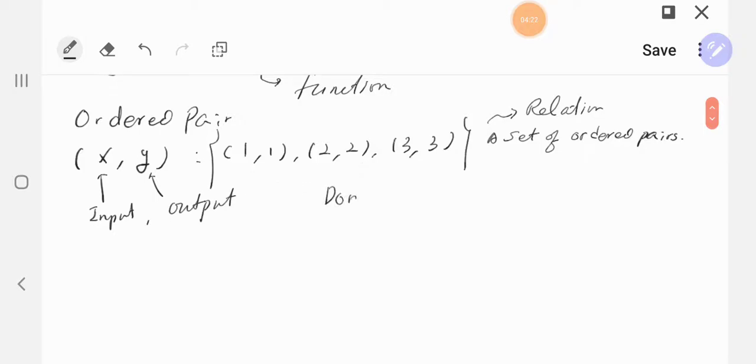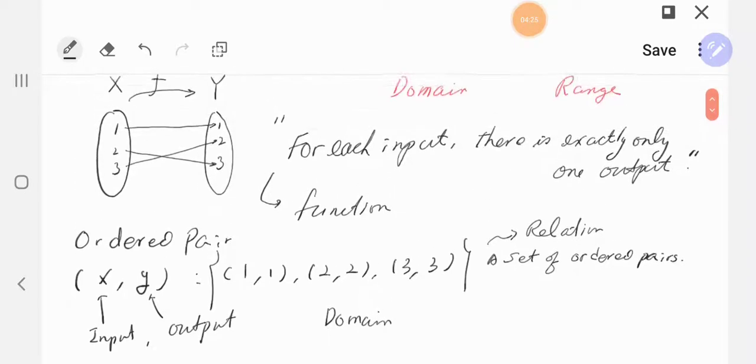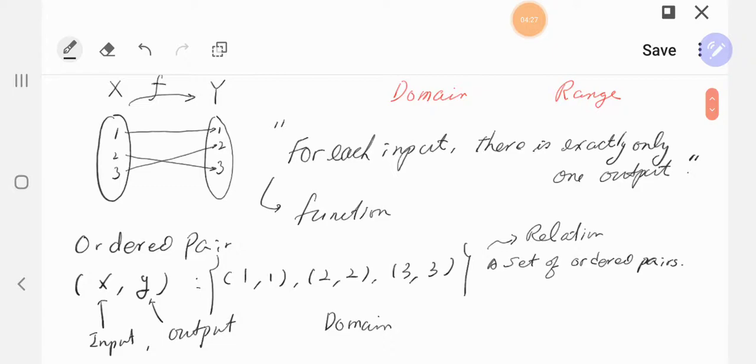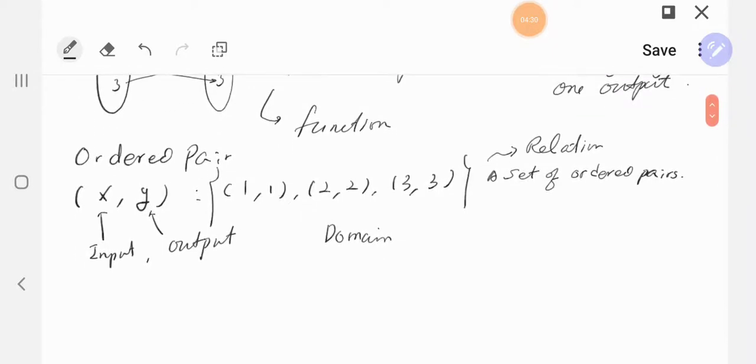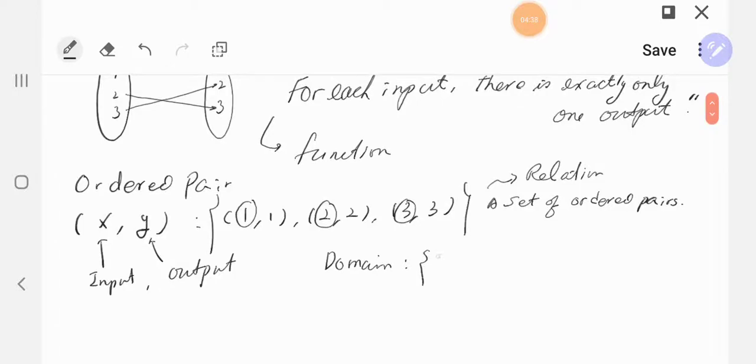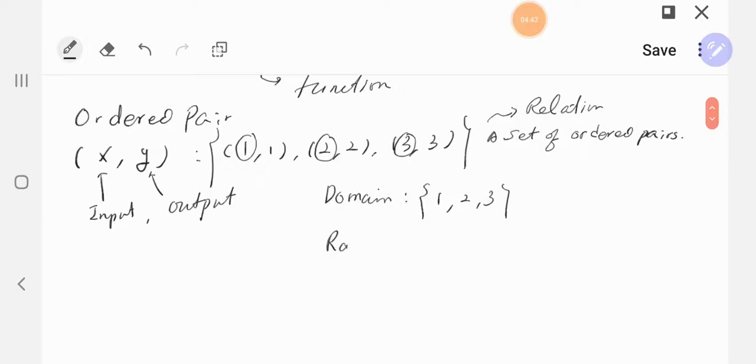In this case, the domain is the X values, so the domain is the set of all the X values: 1, 2, 3. And the range is the Y values of each ordered pair, so that is the set 1, 2, 3.